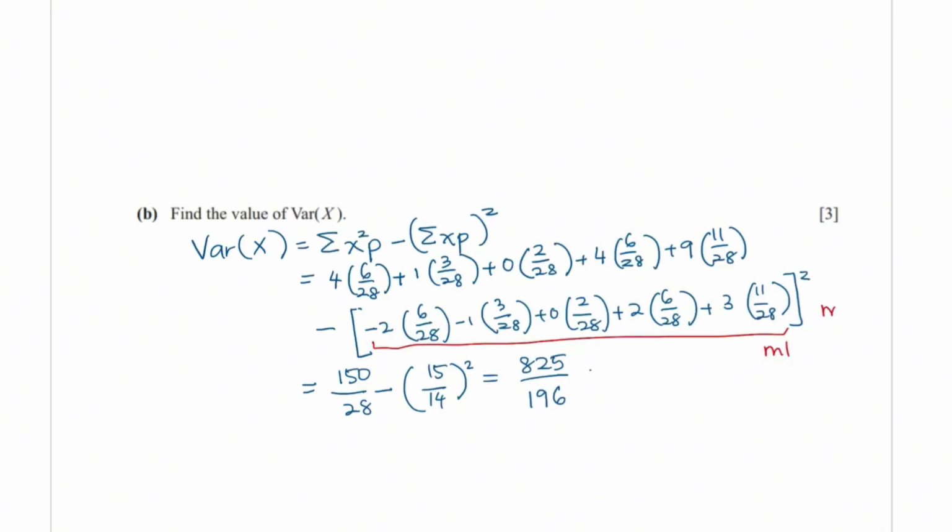So this is also an M1, the working of entire variance of x. My last mark, which is an accuracy mark, is when I have an accurate or correct variance of x. They would accept 4.21 or 441 over 146 or 825 over 196. So this is an A1. Altogether 3 marks. I hope you're doing well.